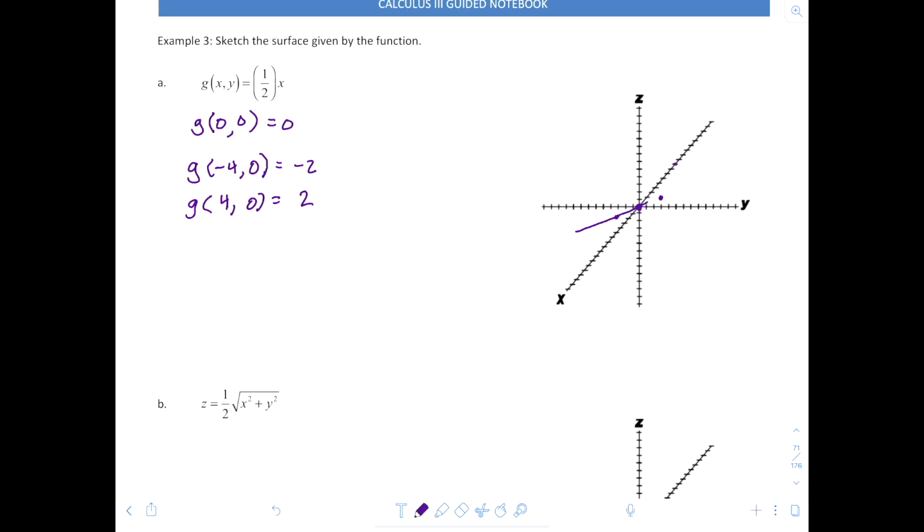So connecting those, the line there, did that go straight? I think so. You'd have something like this.